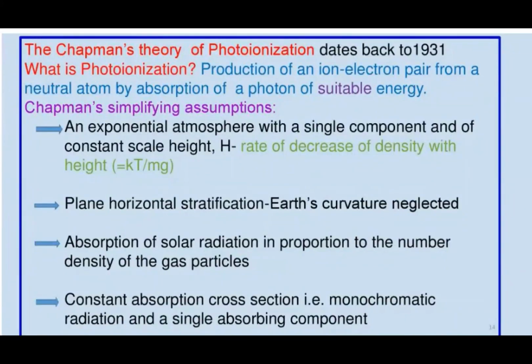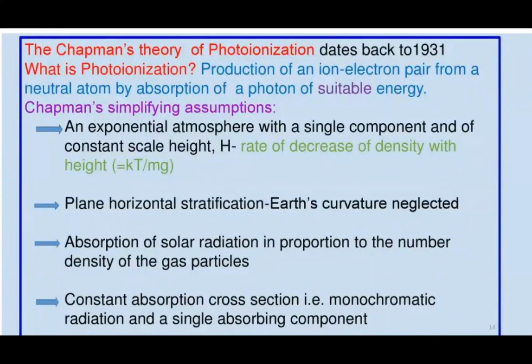That is also a property of the exponential variation. The rate of exponential variation is governed by a constant called scale height, capital H, and it is related to the Boltzmann constant k, the temperature, the mass of the atmospheric constituent, and the acceleration due to gravity. So this decides the rate, how fast or how slow it varies with respect to height.